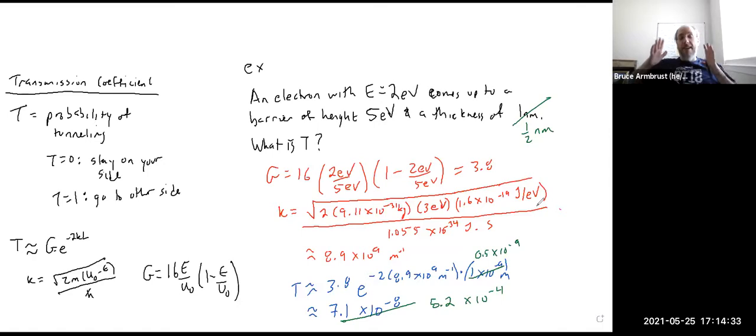So this thickness of the barrier plays a huge part in how likely something's going to make it through. And in fact, it plays even a bigger role than the difference in the energy.